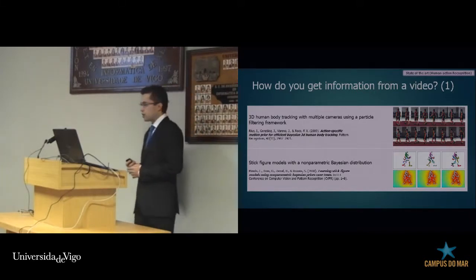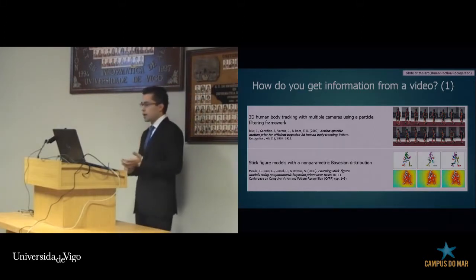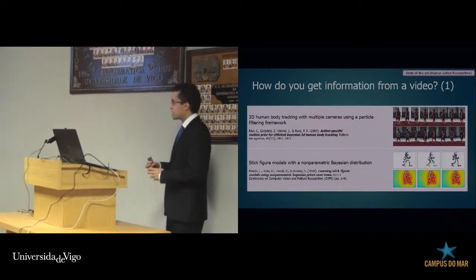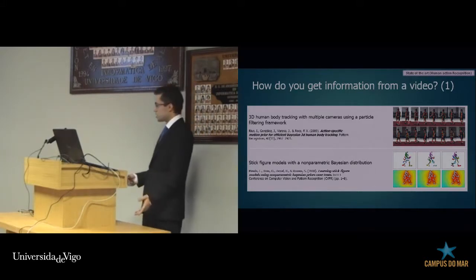What is important here? They use multiple cameras, so you don't have only one camera, and you have a high computational cost. You are going to obtain the fine details of these movements, but sometimes you don't need everything to understand the human action that they are doing.